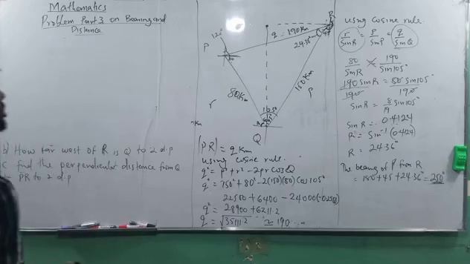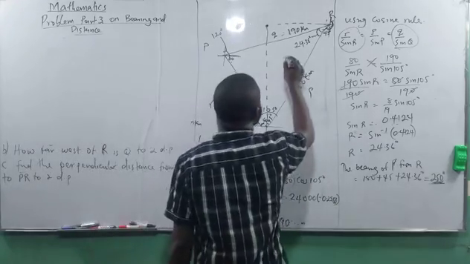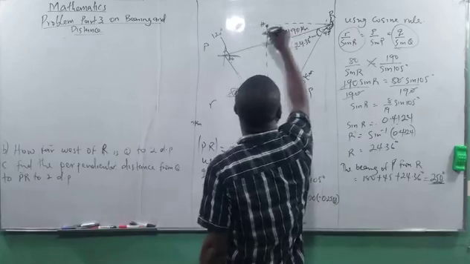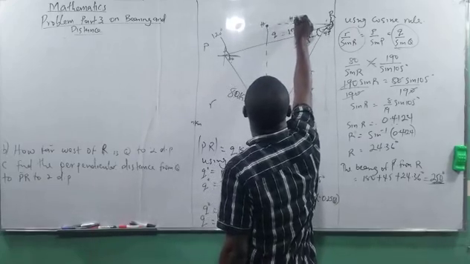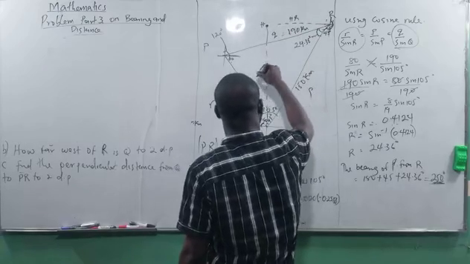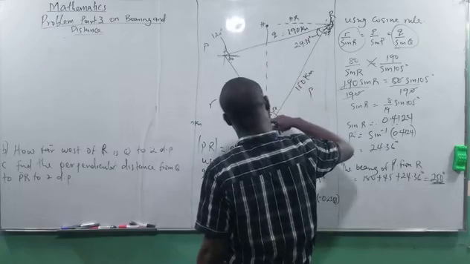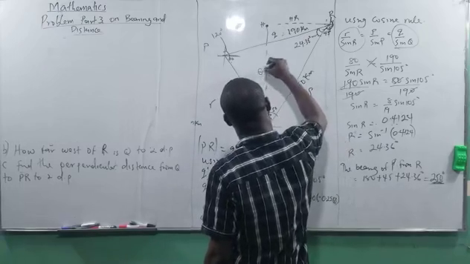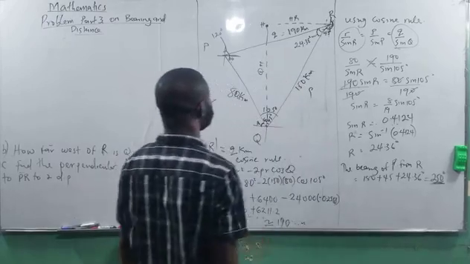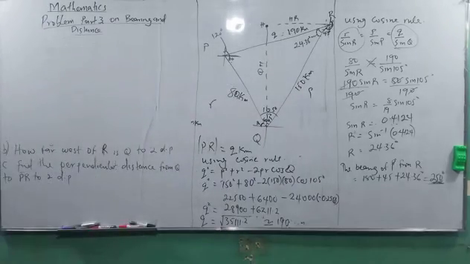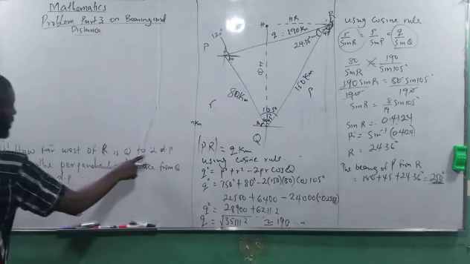Now, at this junction, I can call this place H, so this is HR, and here will be QH. That is how far Q is west of R.